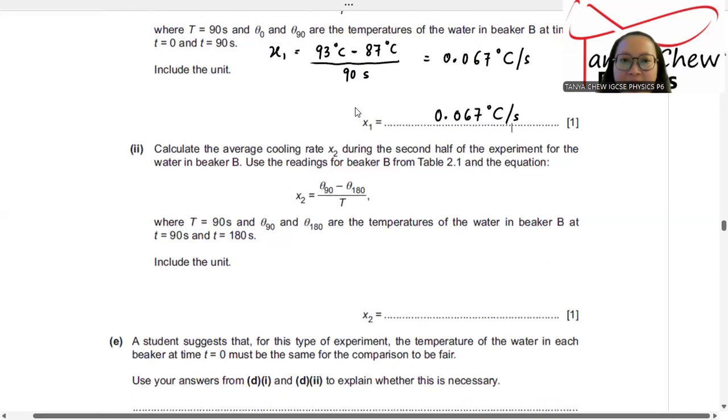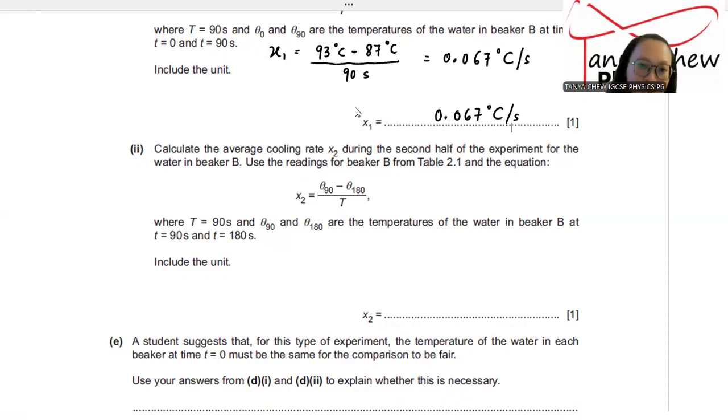Second part, calculate the average cooling rate X2 during the second half of the experiment for the water in beaker B. Use the readings for beaker B from table 2.1 and the equation X2 is equal to theta 90 minus theta 180 divided by T, where T is 90 seconds and theta 90 and theta 180 are the temperatures of the water in beaker B at T equal to 90 seconds and T equal to 180 seconds. And you should include the unit as well.